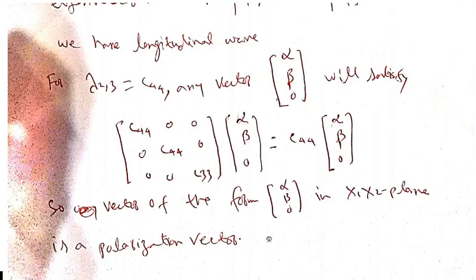So this is basically the polarization vector, and it must satisfy the unit vector condition, that alpha square plus beta square must be equal to 1, and the third component is 0, so it will lie in the x1 x2 plane. So any unit vector of this form in this plane is a polarization vector for C44.